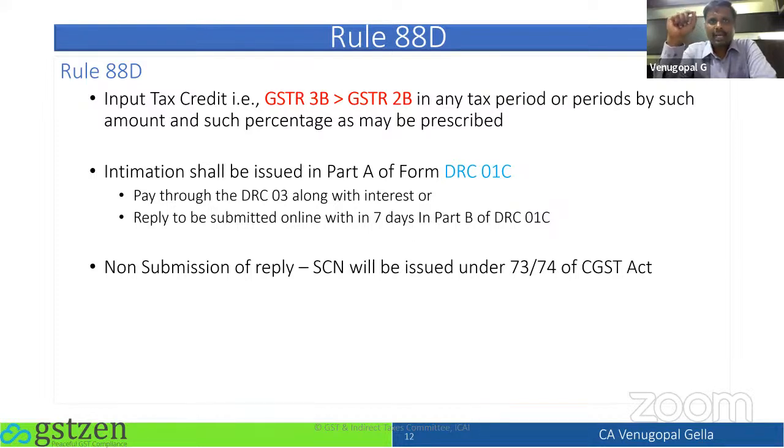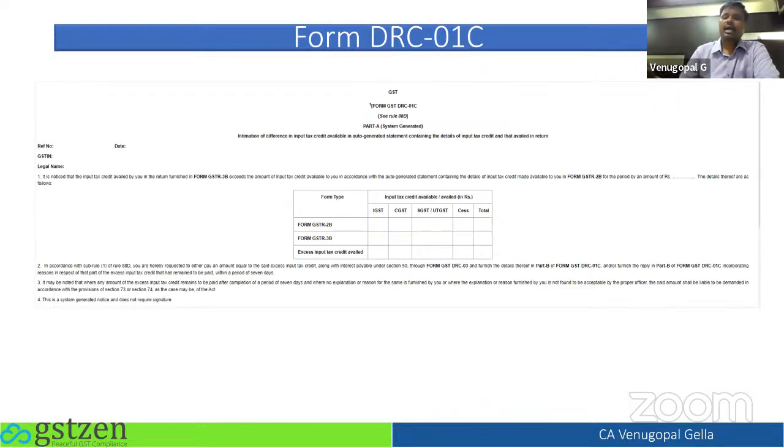If you don't make a reply, a show cause notice will automatically be issued under 73/74. You would be liable for penal consequences. Better ensure you do it. Again, how GSTZen can help you: in GSTZen, you have an automatic notice tracker. So when you log into GSTZen, it will track all the notices that have been issued to you.